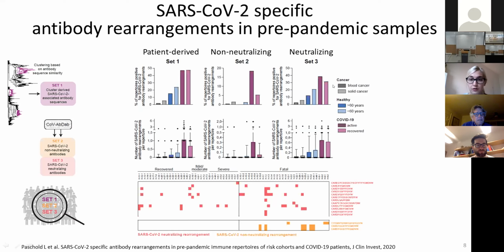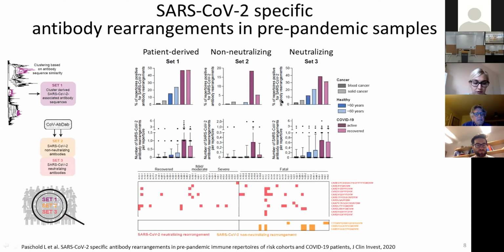We also had 500 repertoires from cancer patients, which we subdivided into blood cancer and solid cancer. And we searched the sequences for identical CDR3 amino acid sequence within a Levenshtein distance of 2 and identical V and J genes.